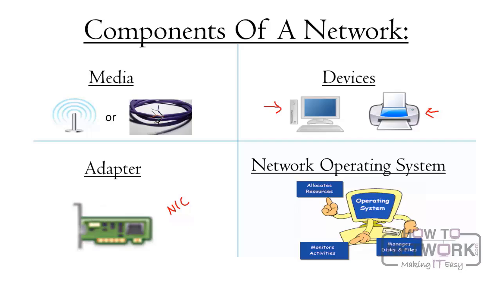Without the operating system, there wouldn't be any order or direction in the network, and no one would really know what they were doing. So the network operating system is responsible for allocating resources, monitoring the activities of devices on the network over the media, and managing files and data, etc.